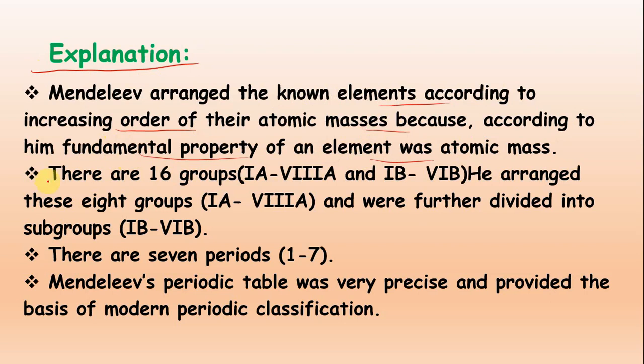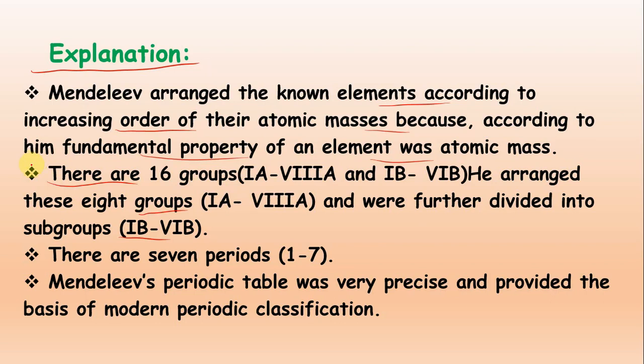Now this is the classification: he classified the elements into groups, from group 1 to group 8, and subgroups like 1B to 6B. He arranged these 8 groups, 1A to 8A, which were further divided into subgroups, as I have mentioned earlier, in Roman numerals, 1B to 6B.